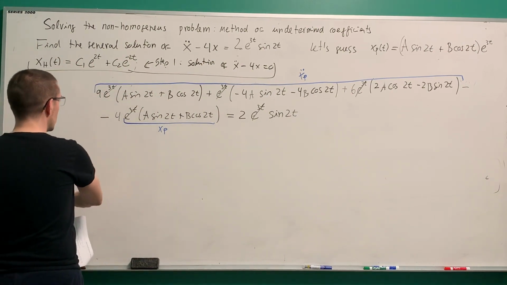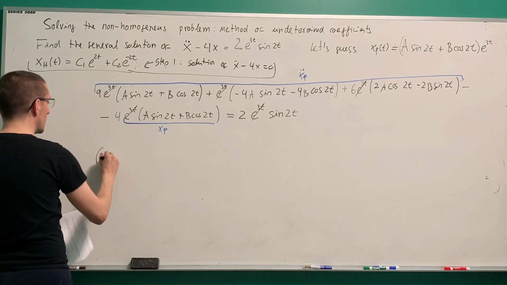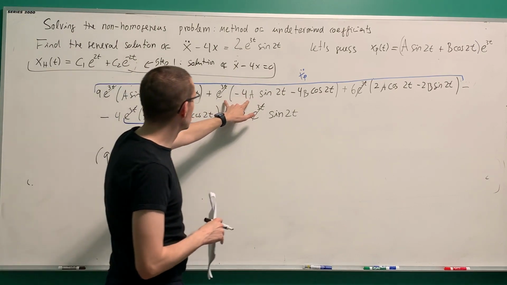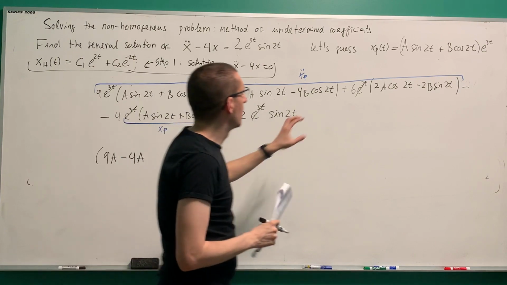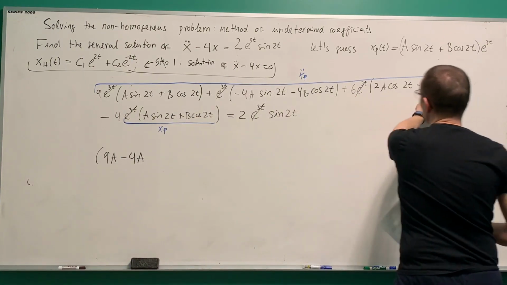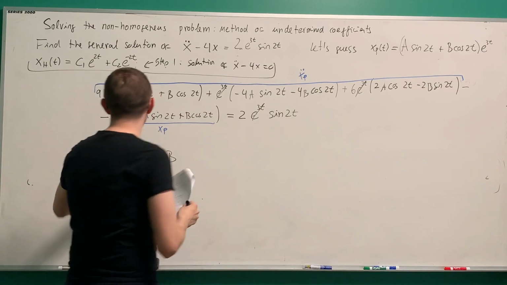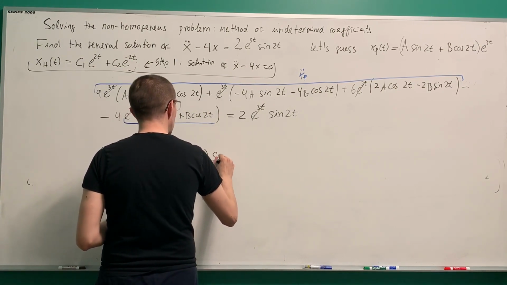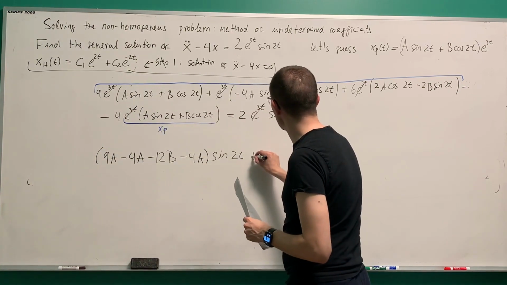All right, so now let's regroup everything that multiplies the cosine and everything that multiplies the sine together. So let's count on the sine. We have 9a from the first term multiplying the sine. We have minus 4a, minus 12b, and then minus 4a. That multiplies the sine of 2t. All right, let's do the same with the cosine.